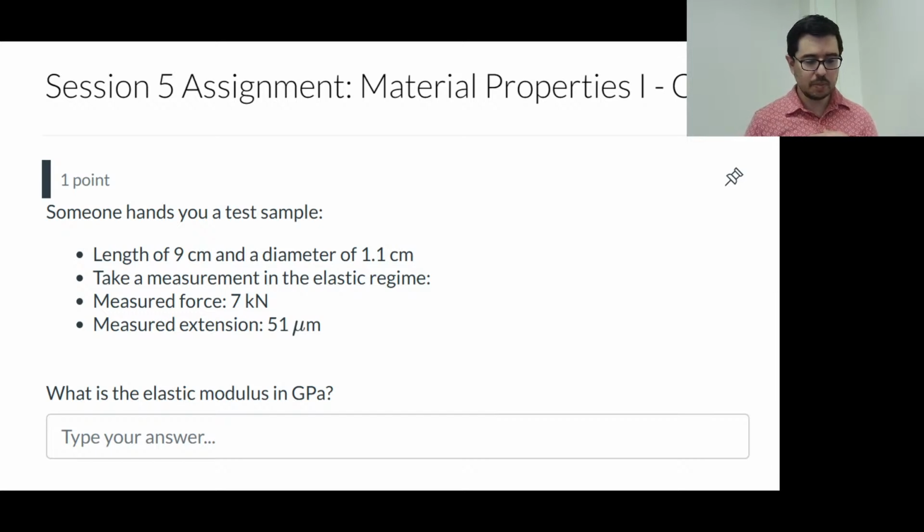When you do these problems, because we've got kilonewtons, microns, and centimeters, I suggest keeping track of them on paper, in Colab, or in Google. But keep track of them.